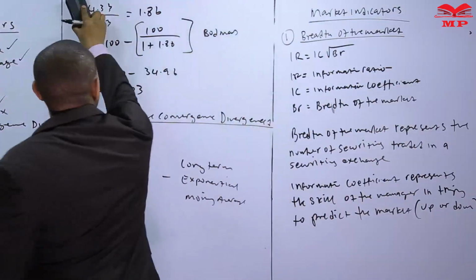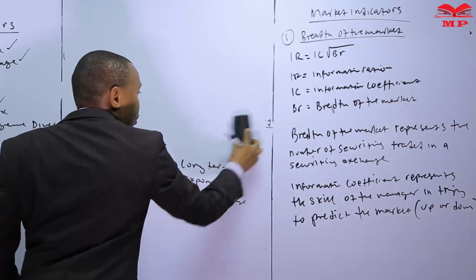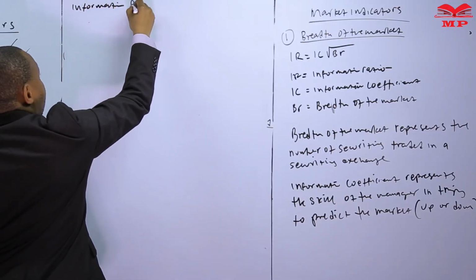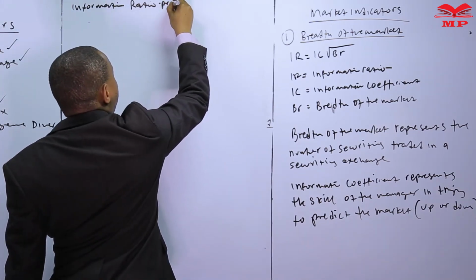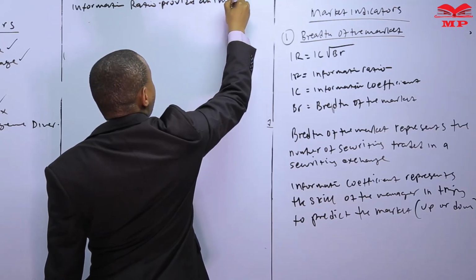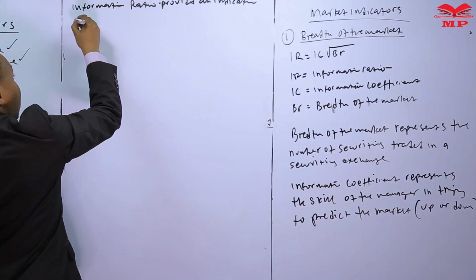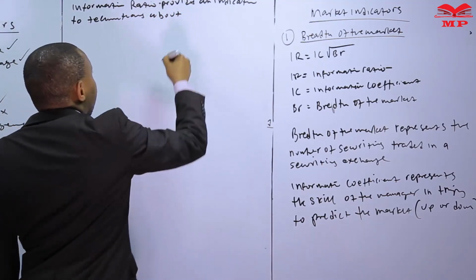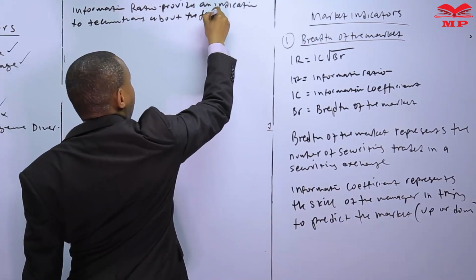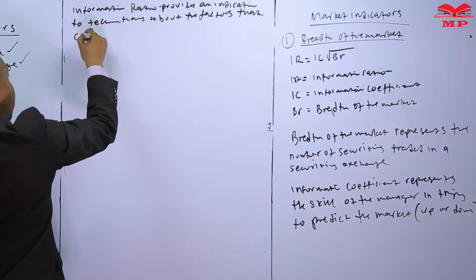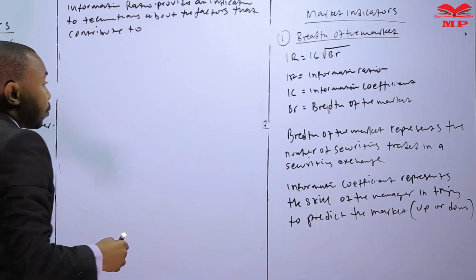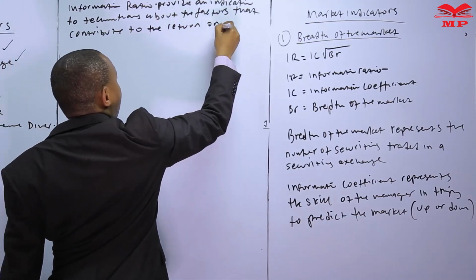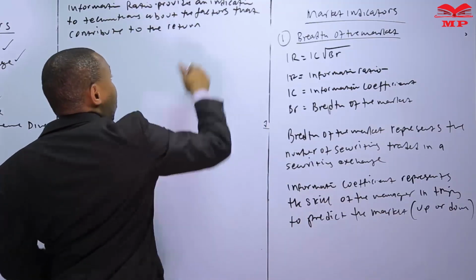So we can say the information ratio provides an indication to technical analysts, to technicians, about the factors that contribute to the return of a market.